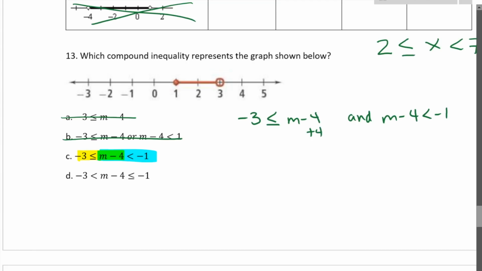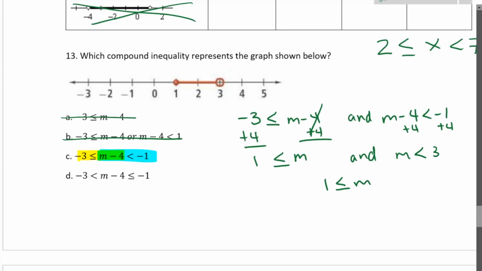So add 4, add 4, add 4, add 4. Cross out the 4's. This is m less than or equal to -3 plus 4 is 1. All right. And m less than -1 plus 4 is 3. So when I smush these together, this is 1 is less than, remember I'm just erasing one of the m's, less than 3. This is my answer.